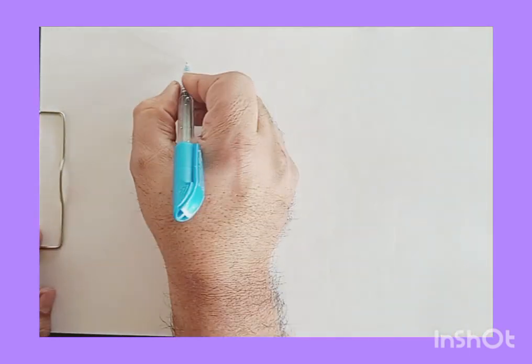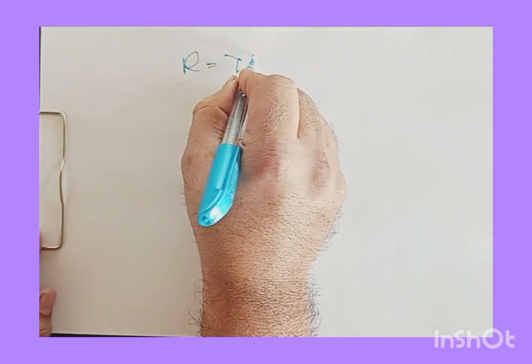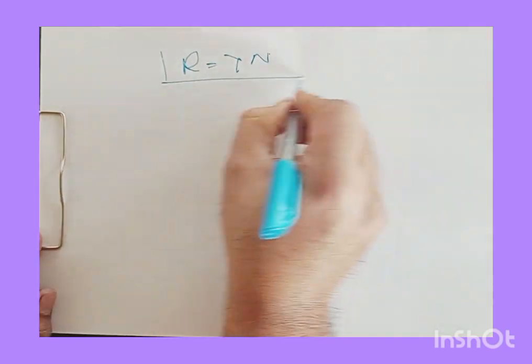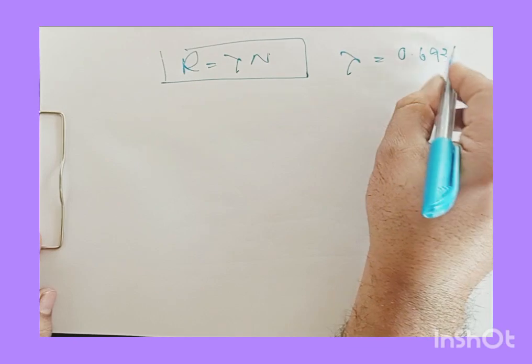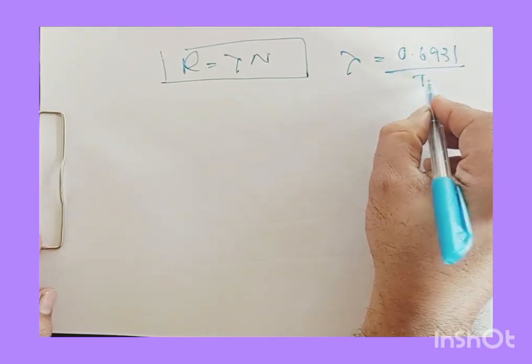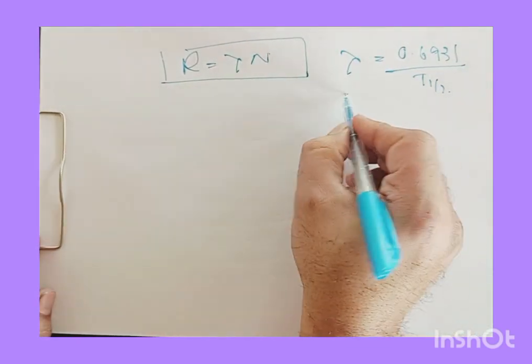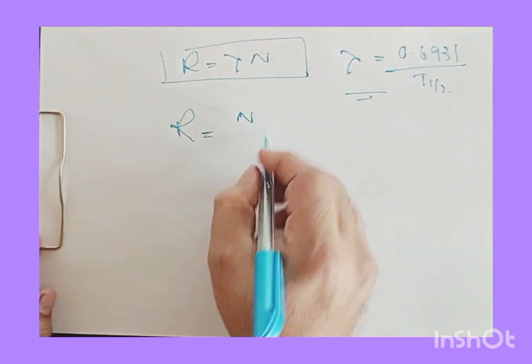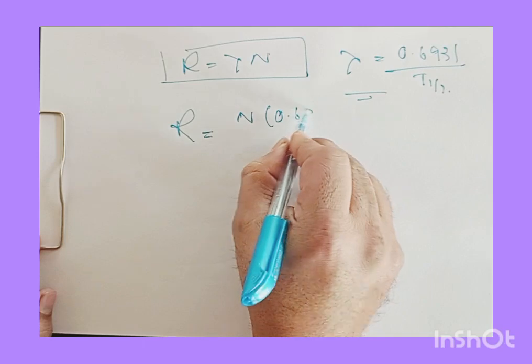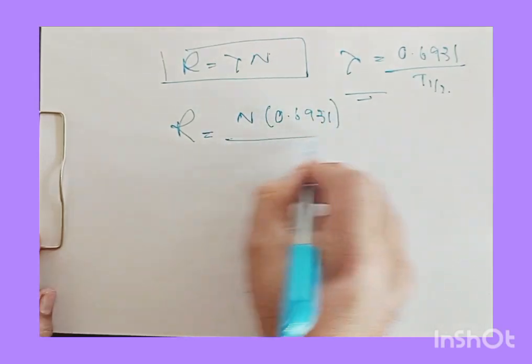Activity is lambda n, right? But lambda is 0.6931 by t half. So I can use this lambda in this equation, and I can write activity is n times 0.6931 by t half.